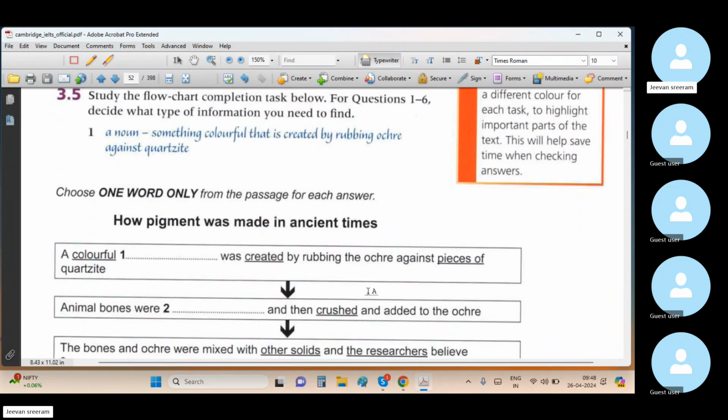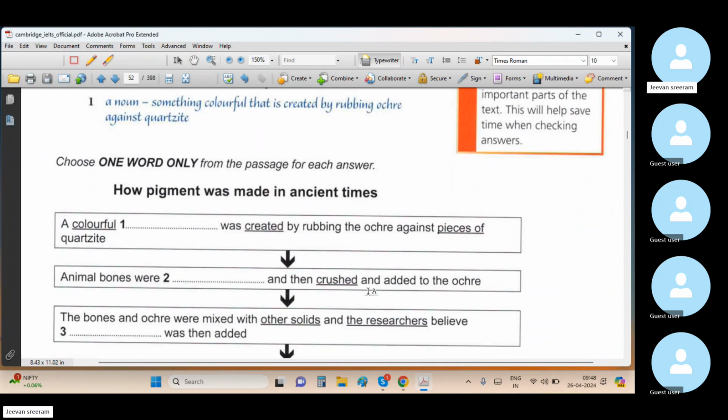And then based on the same passage, you have another set of questions. That is flowchart completion, a kind of flowchart completion. We did a similar question type in the last class, right?